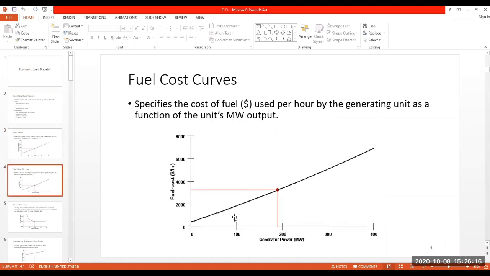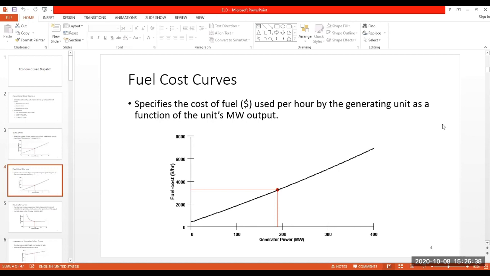Fuel cost curves. What is the fuel for the hydropower plant? And what is the cost? Do you have to buy water to feed it to the hydro turbine? No, sir. No.